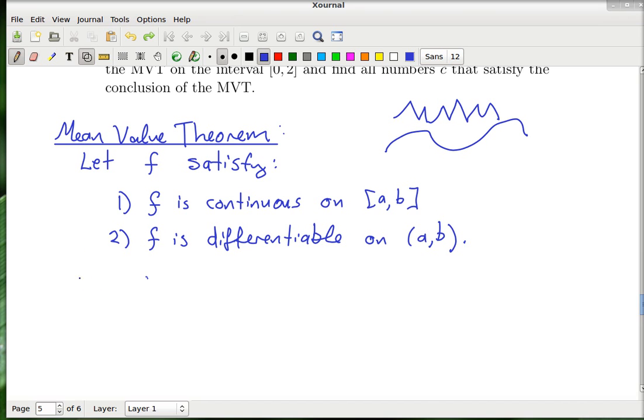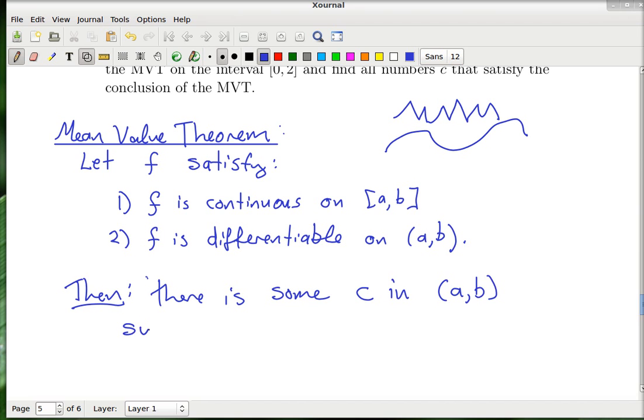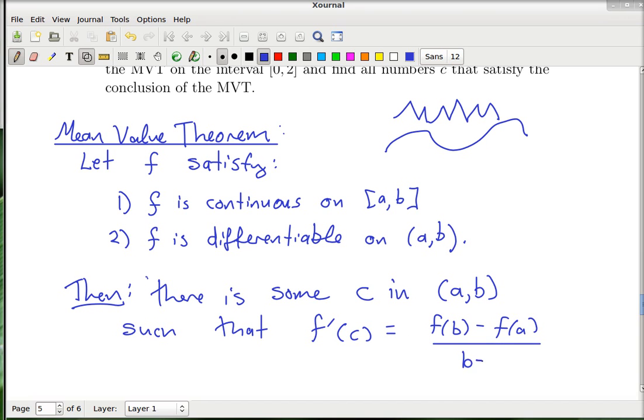So if f is a function that satisfies these two conditions, then there is some input c in the interval (a, b) such that, now I'm going to write something that maybe looks kind of weird, f prime of c equals f of b minus f of a over b minus a.